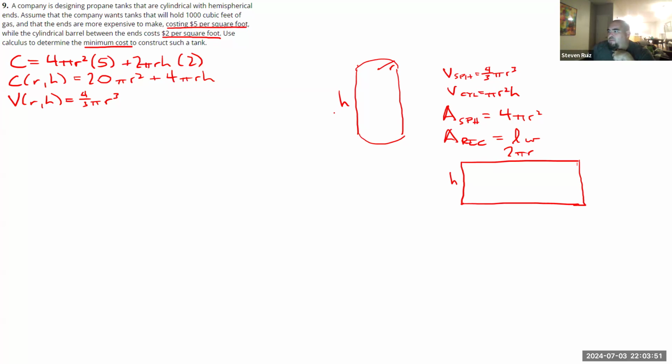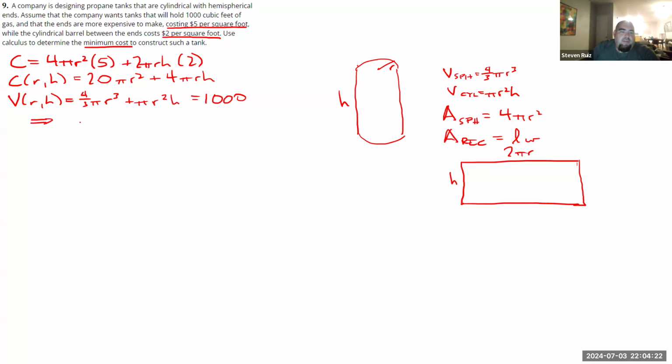So plus pi r squared times the height, and I'm constrained to 1,000 cubic feet of volume. I'd really like to combine these two. I think the easiest thing to do would be to solve the constraint equation for height, because height only shows up in one term.